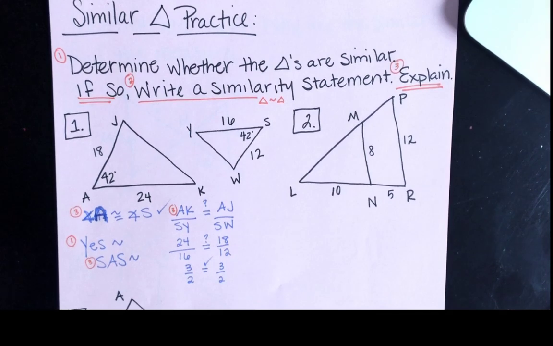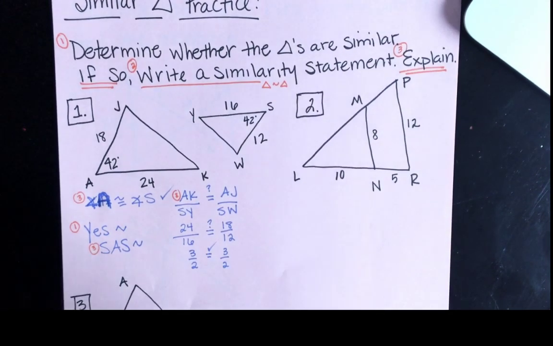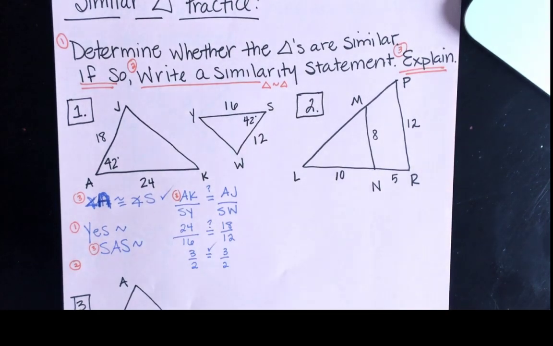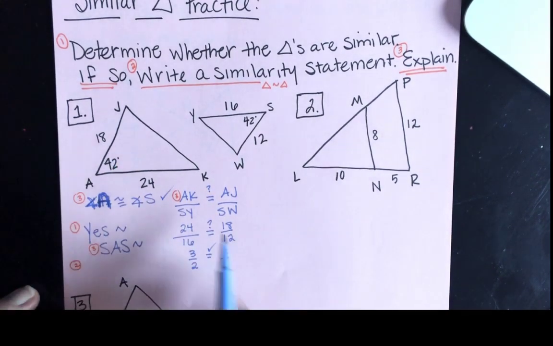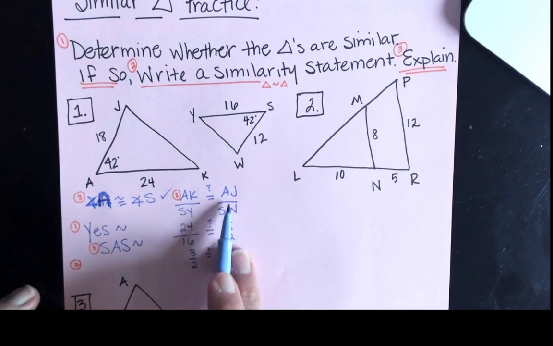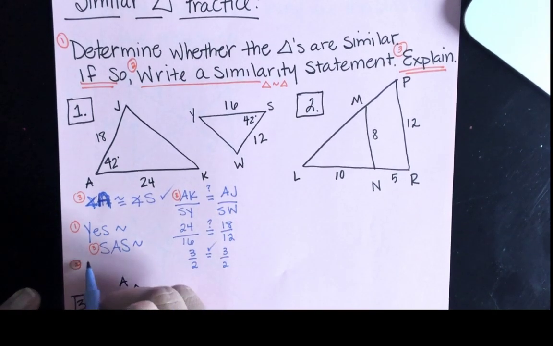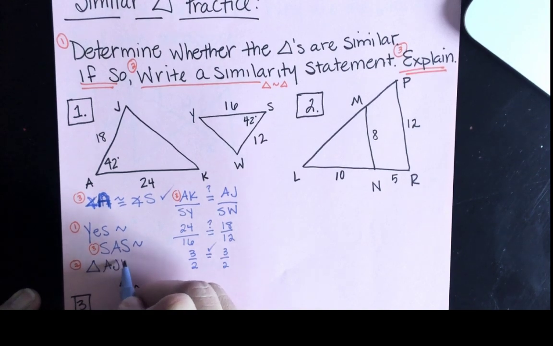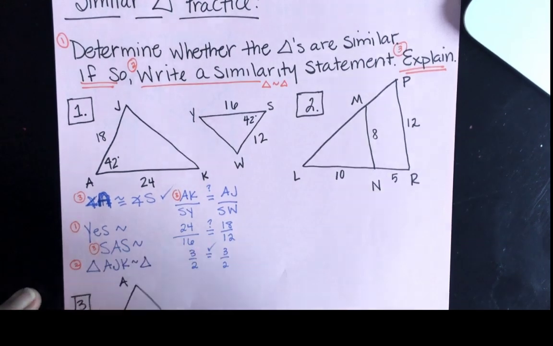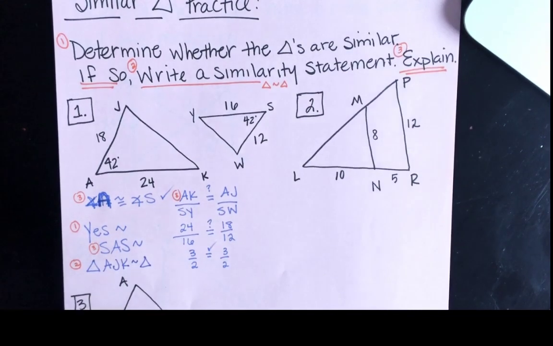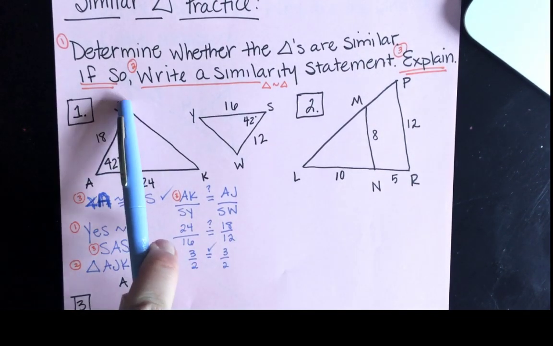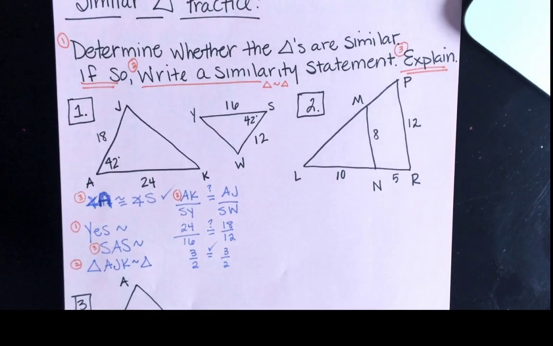So the last thing that I want to do, before I'm done, is write my similarity statement. I can already see that up here I matched correspondence. So if I name this first triangle A, J, K, how would I list the other triangle?